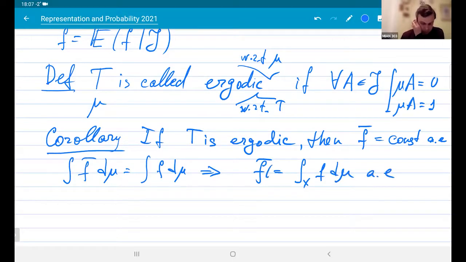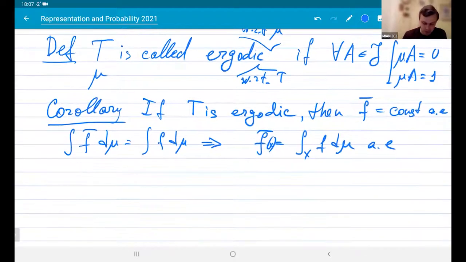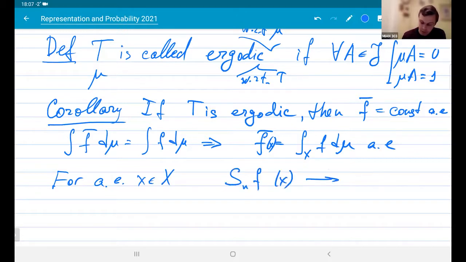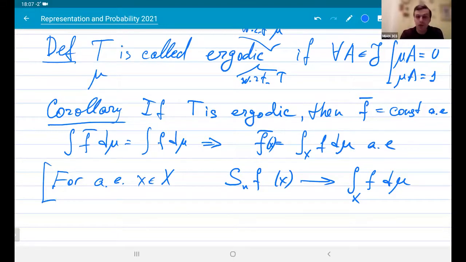And so we see that for almost every x, Sn of f of x converges to just the average of our function. This is what our ergodic theorem says in this setting.